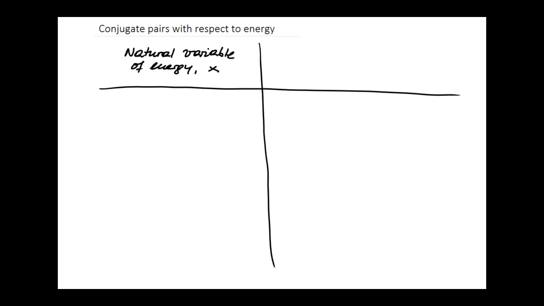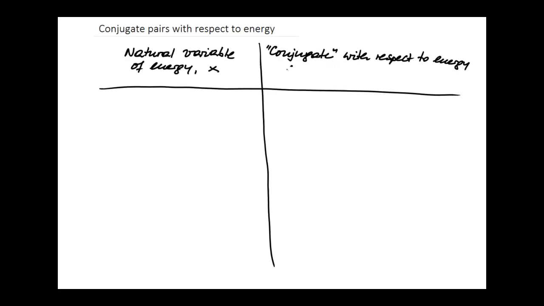So we have here some natural variable of energy. Let me again call that x. And we have then the conjugate of that variable with respect to energy.